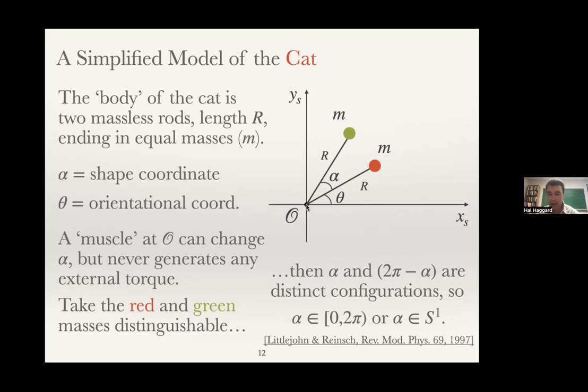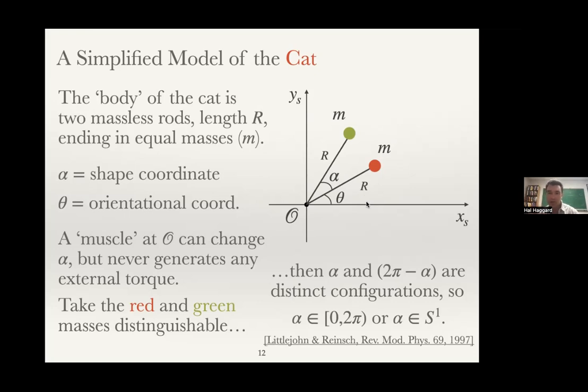So that's the setup. Just to make note of the fact that alpha is an angle and ranges over 0 to 2 pi. And one of the reasons I'm distinguishing the red and green masses is that I don't want to get confused about whether I'm talking about alpha, or if I took this all the way down to 2 pi minus alpha, I don't want to be confused about which one is alpha and which one is 2 pi minus alpha.